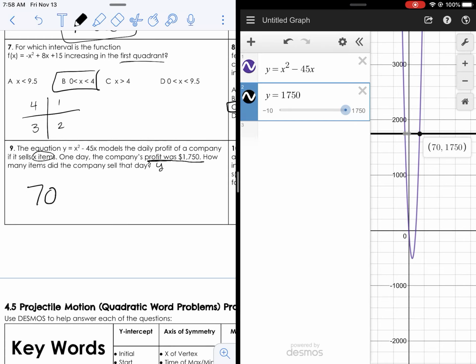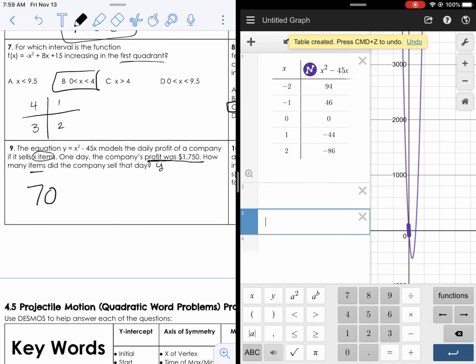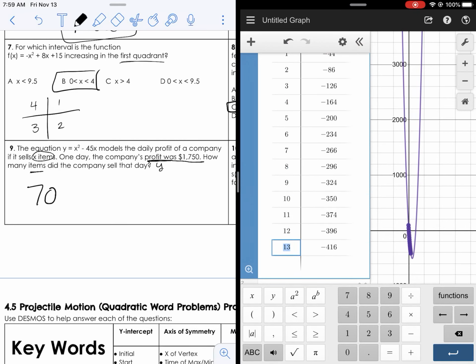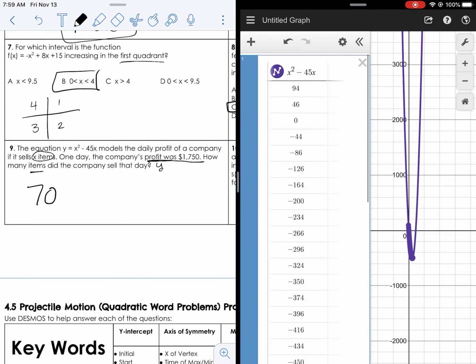So that would be 70 because we're looking for our x value, and y is 1750. Another way to do that would be to make a table, and you could go through that way until you see the profit you want. It would just take a while because we're going to have to go all the way up to 70.